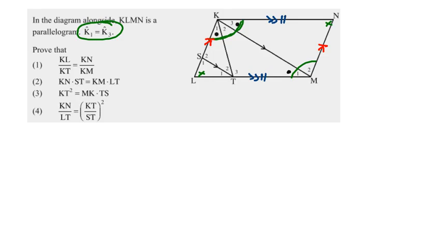But guess what? All of a sudden, it also becomes noteworthy that the angle M2, just M2 alone, is an alternating angle along with K1 and K2. So that's another little bit of information to be aware of. We don't know where it will take us, but it is noteworthy.